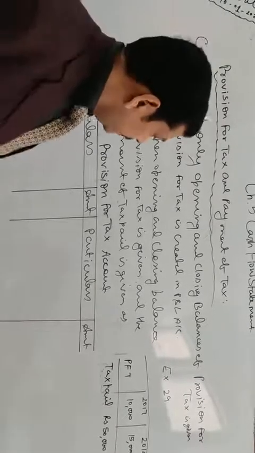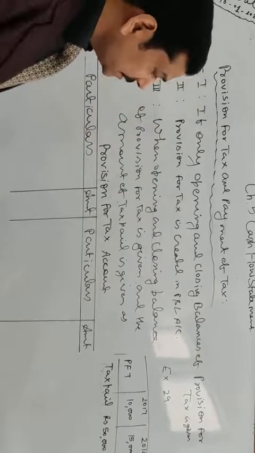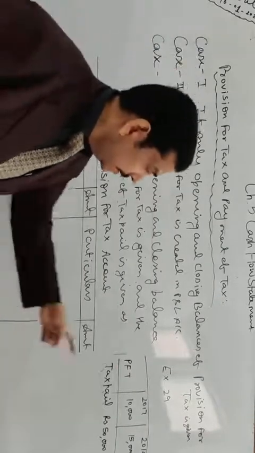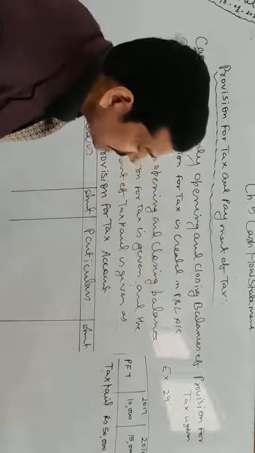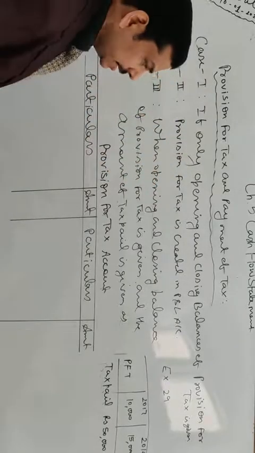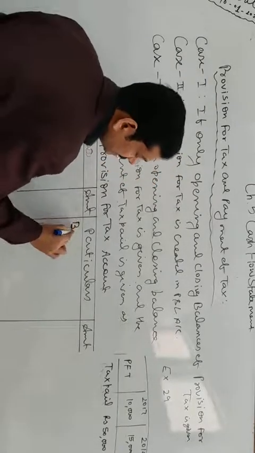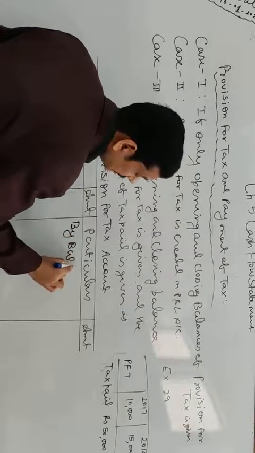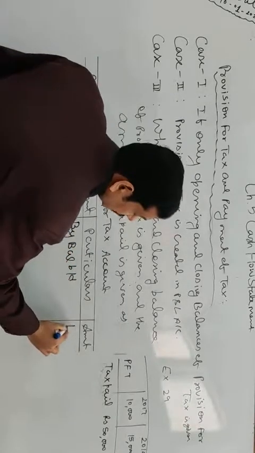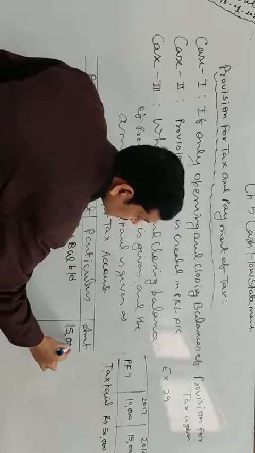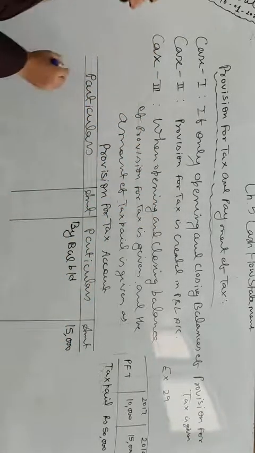Okay, now see again, I have prepared provision for tax account. Now how to deal with when the opening and closing balances are given and amount of tax paid is given. See, first write to opening balance by balance b/d. 15,000 is the opening balance. Amount of tax paid is given.